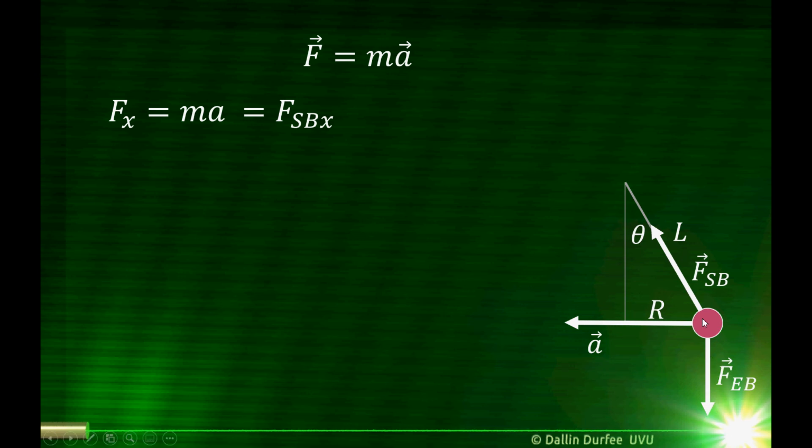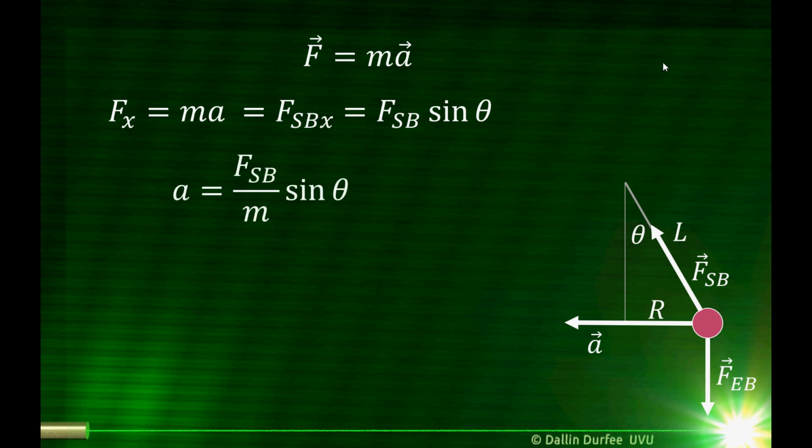Gravity has no x component, so it's just the x component of the force due to the string. So mass times acceleration is the force of the string on the ball, the x component of that. And the x component is the force of the string on the ball times sine of theta. Okay, so there we go. Acceleration is just the force of the string on the ball times sine of theta over m.